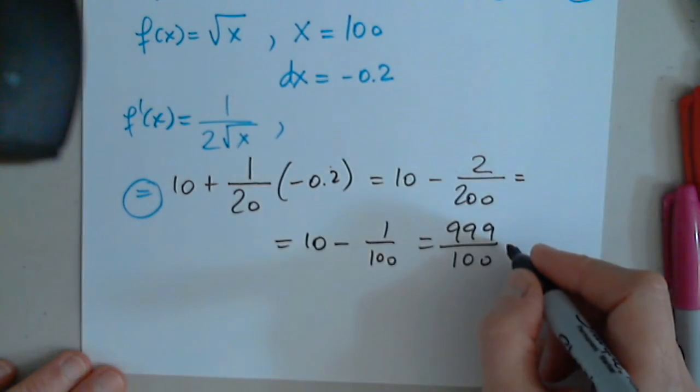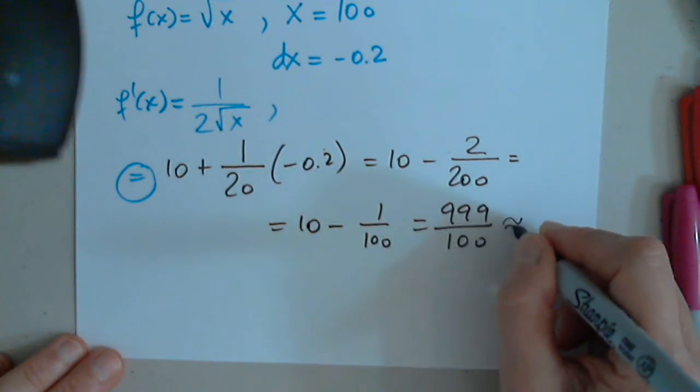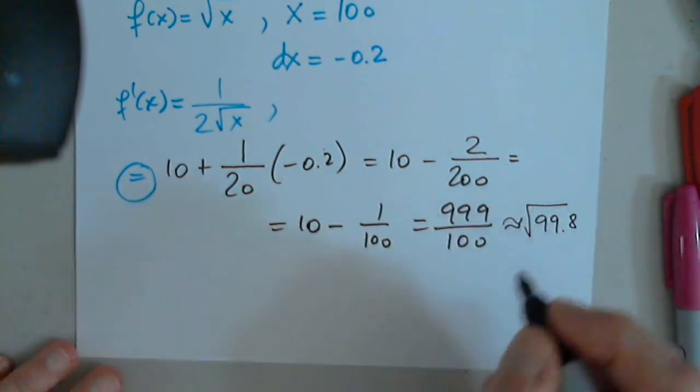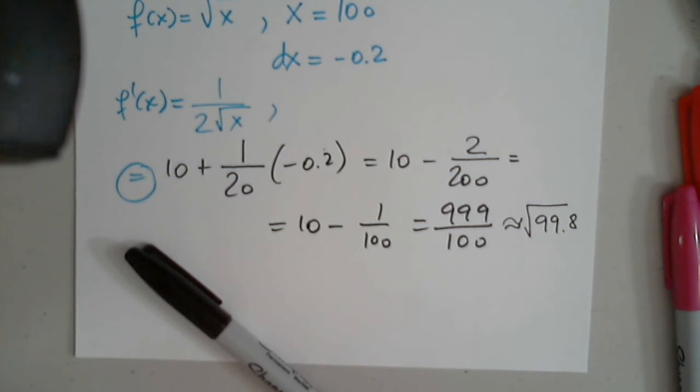This is guaranteed. You have never even dreamed of knowing that this is very close to the square root of 99.8. Let me share my screen. So here it is. 999 divided by 100. I don't have to do that.